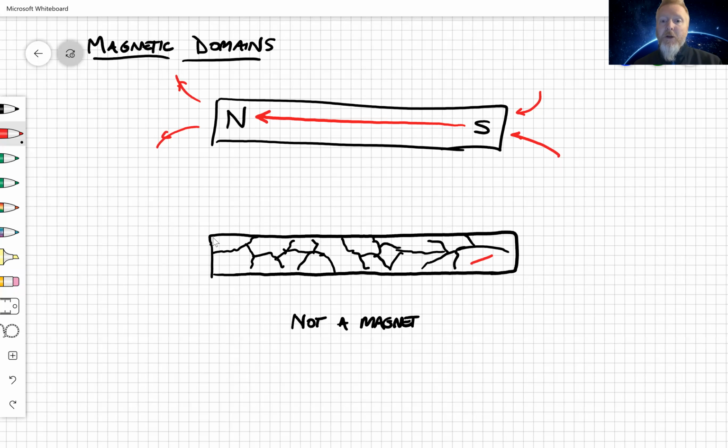And if I were to draw the magnets, each of these domains is a tiny little magnet. It just so happens that they're pointing in random directions, like this. If I destroy the magnetism, the magnets are all there.